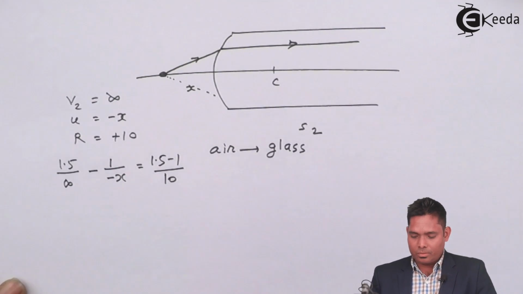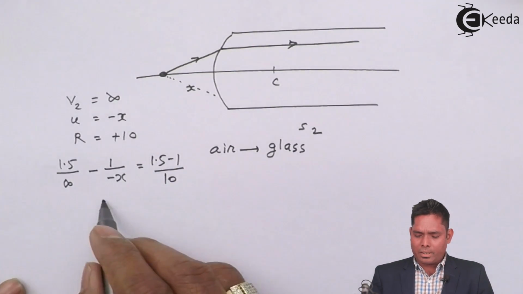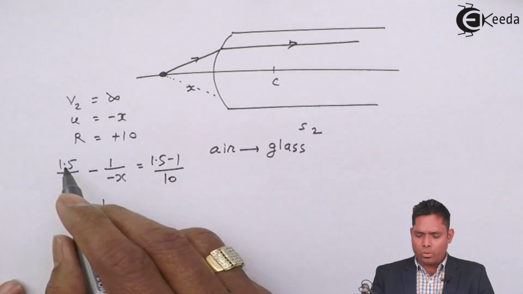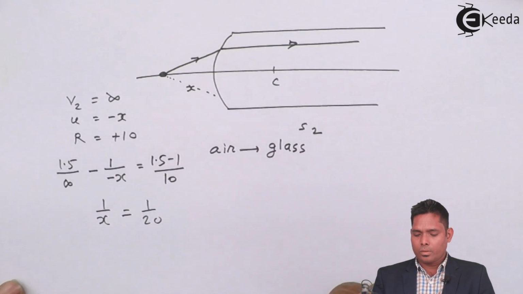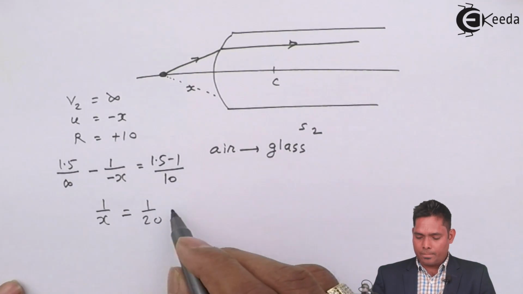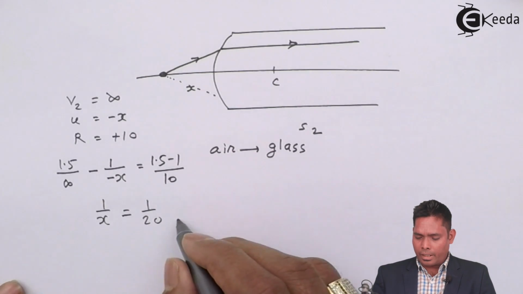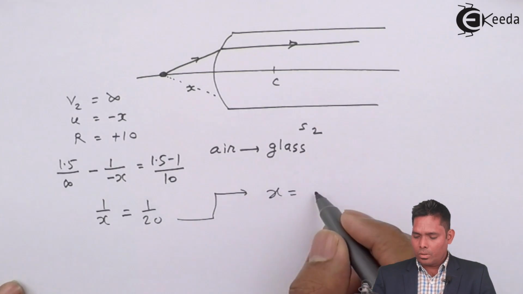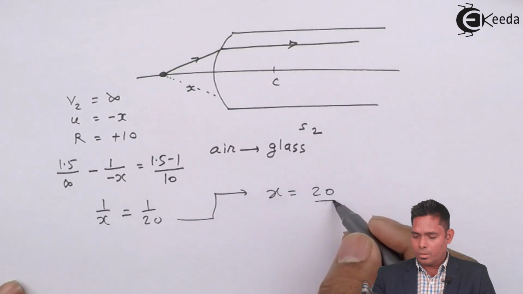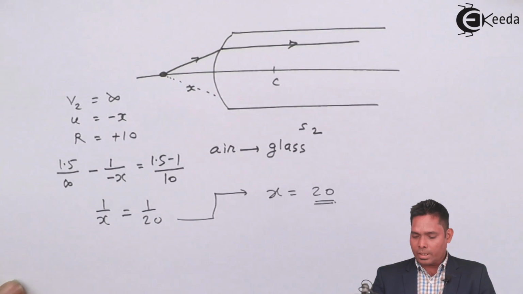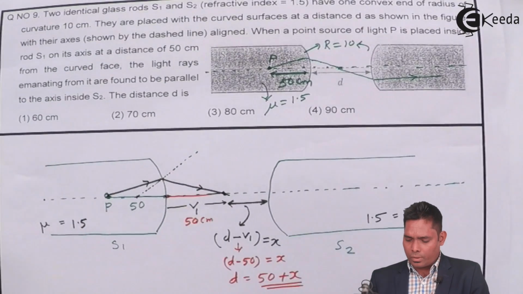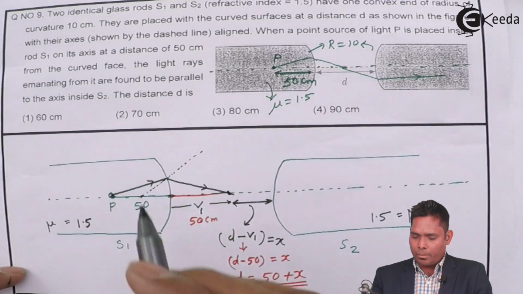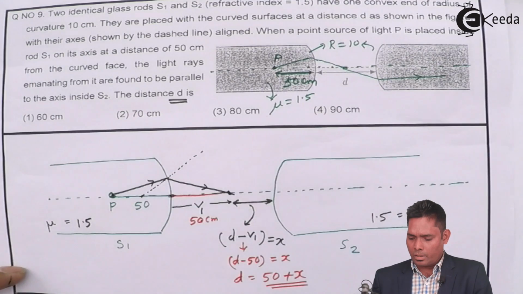Now 1 by v is 0, so 1 by x is 0.5 by 10, that is 1 by 20. So then x comes out to be 20. So this x is 20. Then if I substitute the value of x, 20, here, I'll get d, because our question is about d.